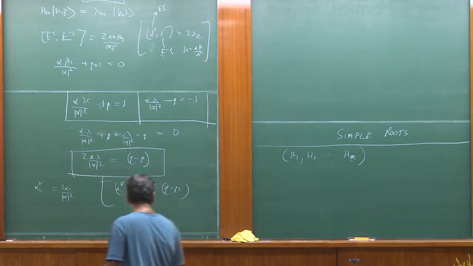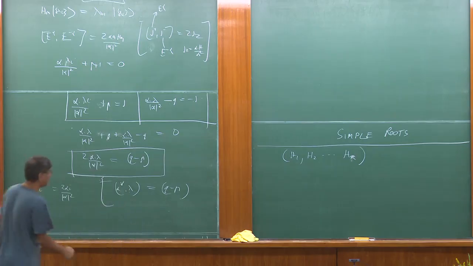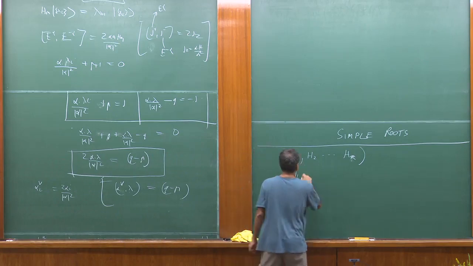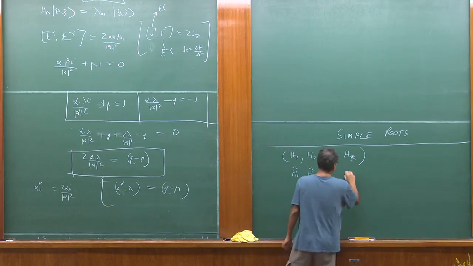And the ordering goes this way. Suppose I've got one set of weights which is h1 to hr, and another set h1 tilde, h2 tilde, up to hr tilde.